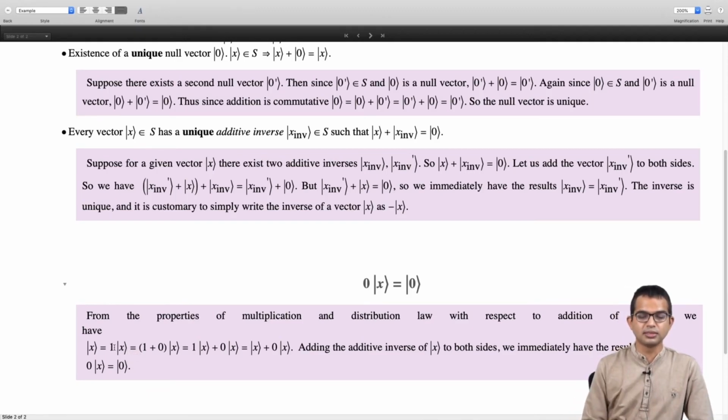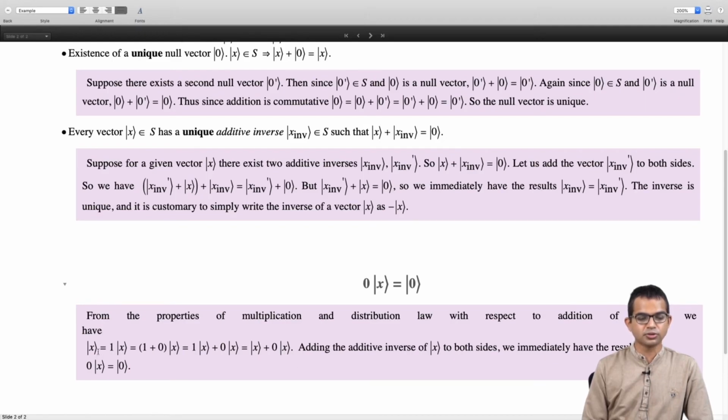But what is 1? 1 is the same as 1 plus 0, the addition of scalars. Then we have the distributive law: (1 plus 0) times x is the same as 1 times x plus 0 times x. Again we use the rule that 1 times the vector x is equal to x, so we have x plus 0 times x.